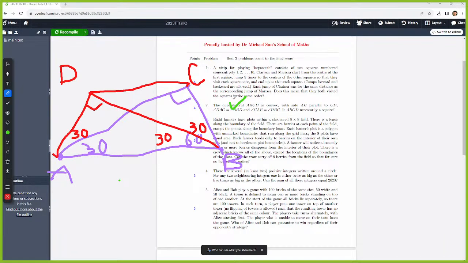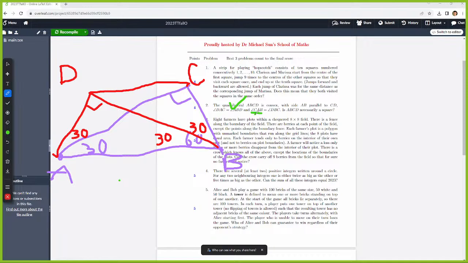Alright, what else do we have to check? Okay, so what's CAB? You say 90 degrees? C, A, B. 30 degrees. It's purple 30 degrees, yeah?